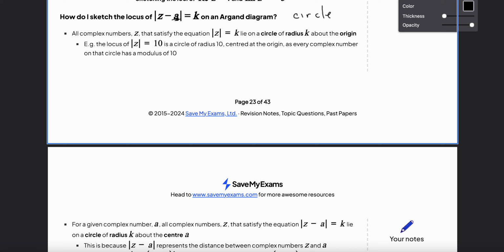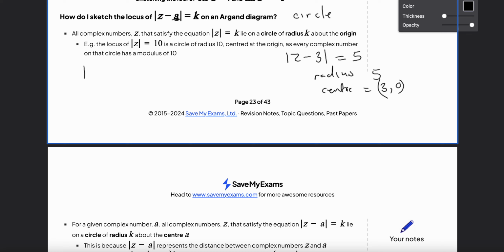So if I have modulus of z minus 3 equal to 5, it means I have a circle with a radius of 5 and a center of (3, 0). If I have modulus of z equal to 10, the center here is (0, 0) and the radius is 10.